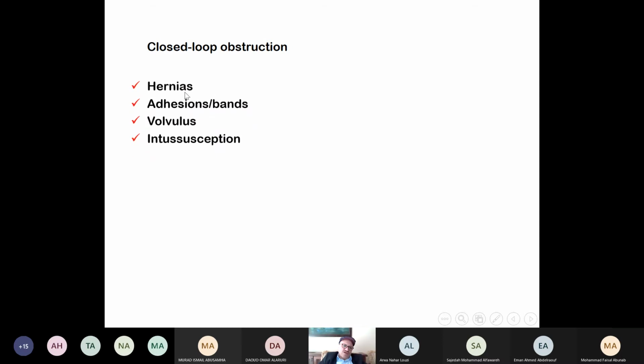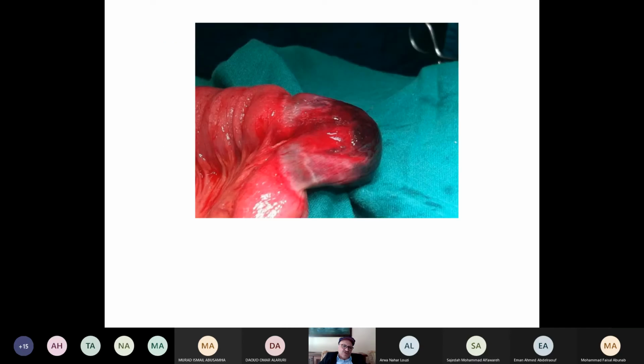And this can occur in hernias, some types of adhesions and bands, volvulus, and intussusception. So look at this small piece of bowel, which has been trapped in a hernia. It is obstructed at two sides with some cut of the blood supply.